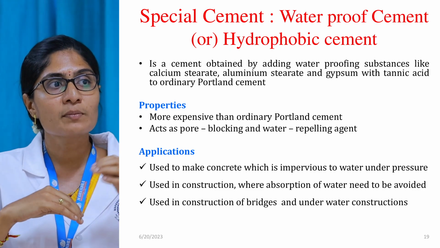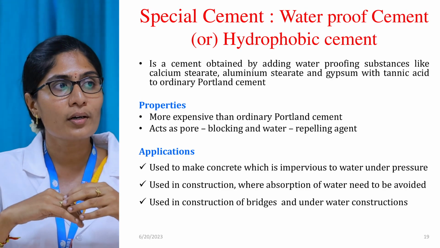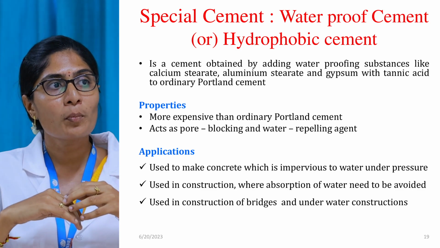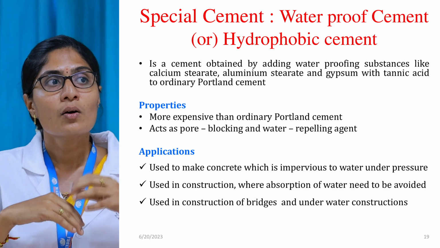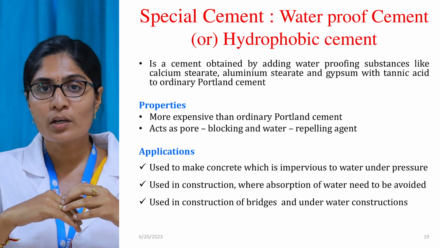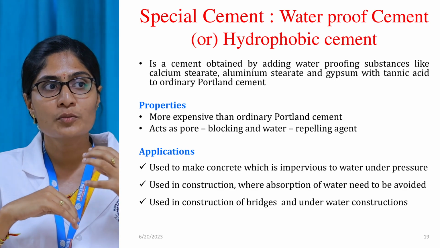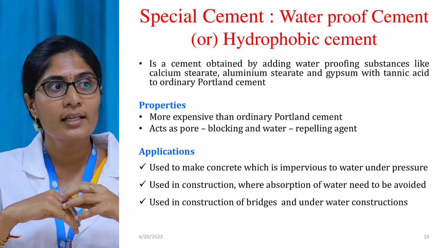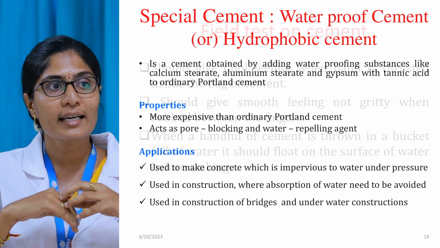So this has specific application where water cannot enter the concrete. So it acts as a pore blocking and a water repelling agent. It is used for making concrete which is completely impervious to water at higher pressure. It is also used in construction where water absorption needs to be completely avoided. It is also used in bridges and in underwater construction like caissons.